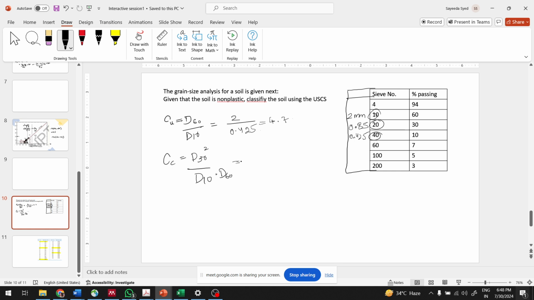And this is D30, 0.85, over D10, which is 0.425, and D60, which is 2 mm. Let's calculate this. This comes out to be 0.85.